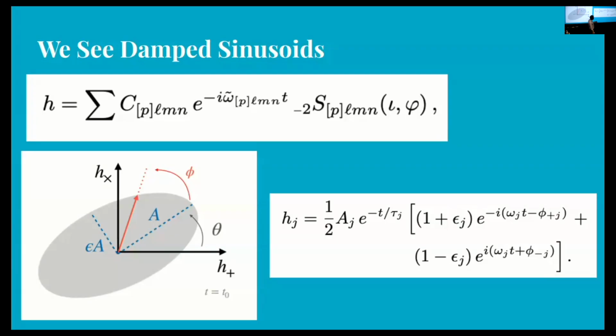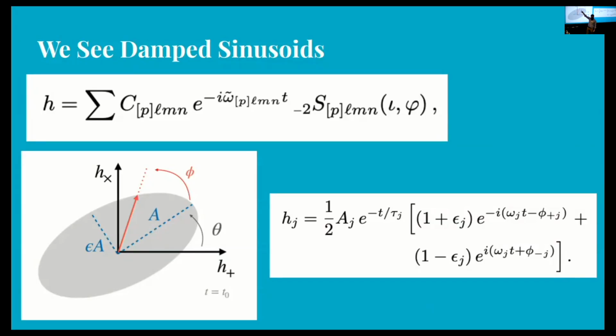This is the complex strain, so the real part is plus and the imaginary part is minus cross. You can decompose that in a number of ways, but it's at least an entertaining exercise to decompose it just like electromagnetic radiation into an overall amplitude and an ellipticity, which refers to the ratio. This is now an H plus, H cross space.